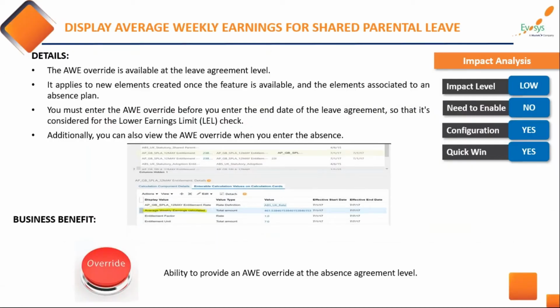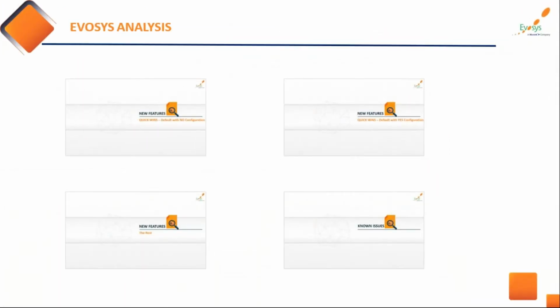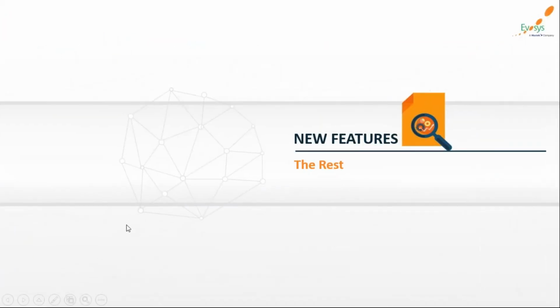But a point to note is that we have to enter this override on AWE before we enter the end date of the leave agreement, so that the LEL checks are all proper. So it's more control where you can go ahead and override the values. So that's about the new features that are quick wins. Let's quickly move on to the rest of the features.